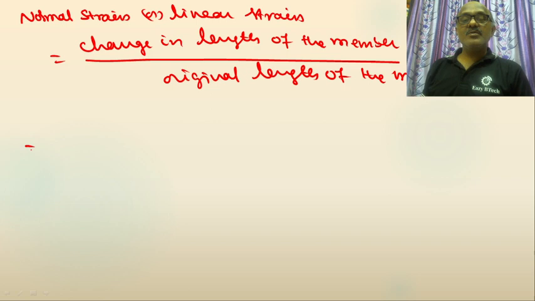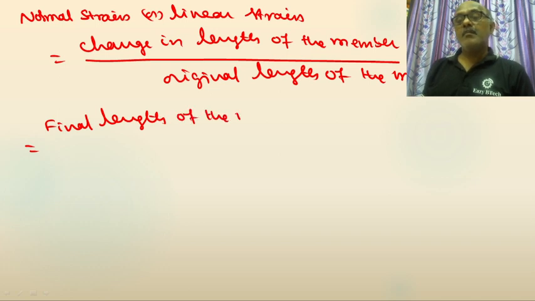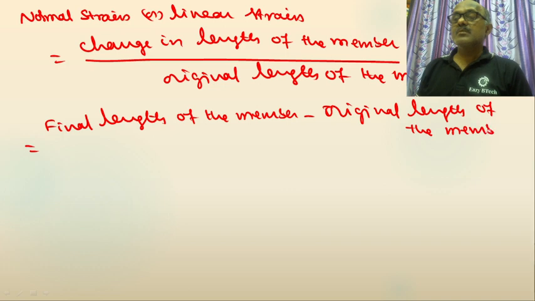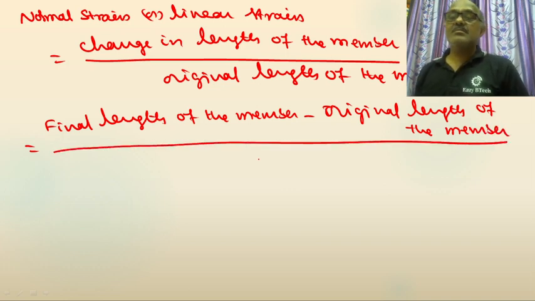That is equal to the final length of the member minus the original length of the member, divided by the original length of the member.